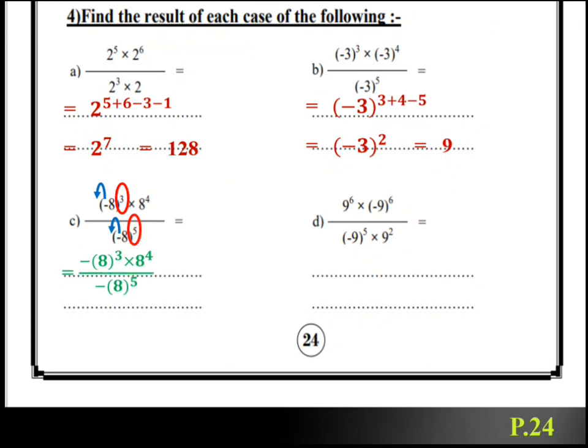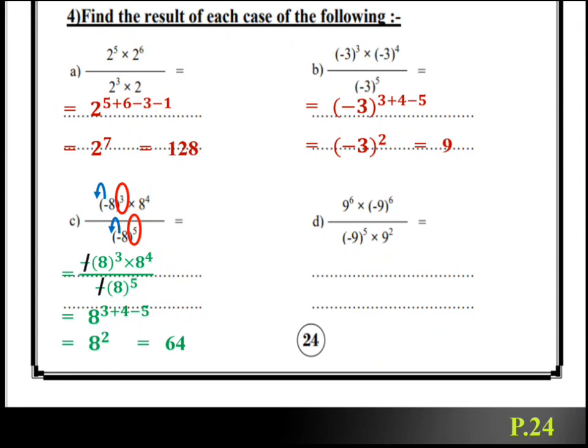It will be negative, open bracket 8 close the bracket power 3 times 8 power 4 over negative 8 inside the bracket power 5. And we can cross the negative up with the negative down. So cross them and it will be 8 power 3 times 8 power 4 over 8 power 5. I will write it as 8 power 3 plus 4, the powers of the up, and minus the 5, which is down. It will be 8 power 2, which is equal to 64.